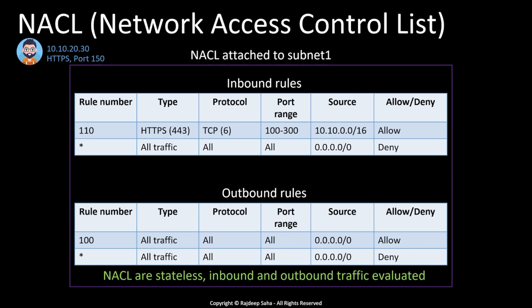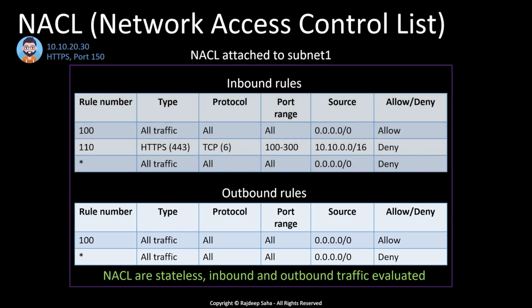Even though the second row says all traffic is denied, it doesn't matter. As soon as a rule with a lower numeric number says allowed, that will be allowed. So in this case, the traffic is coming from 10.10.20.30 as HTTPS traffic going for port 150 in the application. That means this traffic will be allowed in the inbound. And for the outbound, we have a rule which is allowing all traffic to exit the subnet.